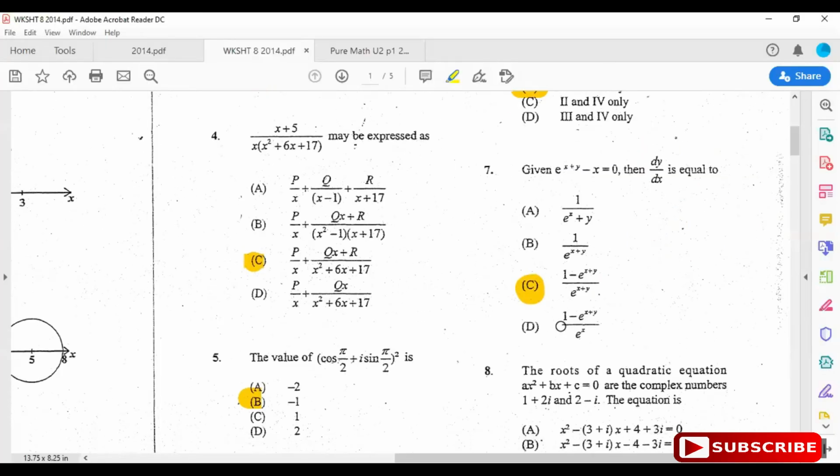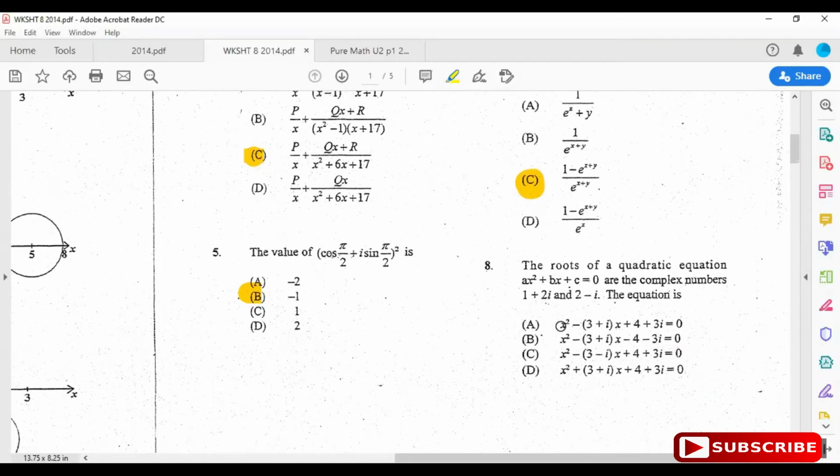All right. Question 8 gives us the roots of a quadratic equation ax squared plus bx plus c is equal to 0. And they gave us two complex numbers, 1 plus 2i and 2 minus i. And it asks, what is the equation of this quadratic?